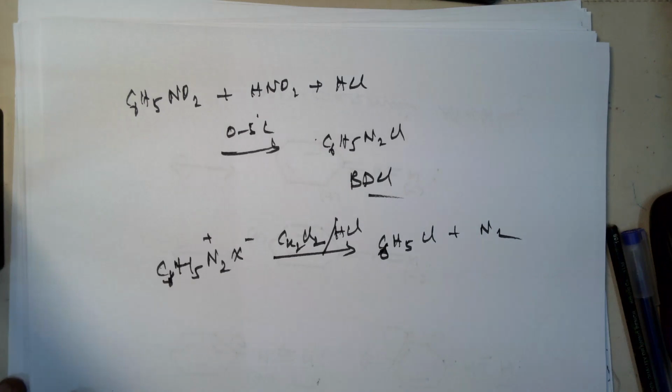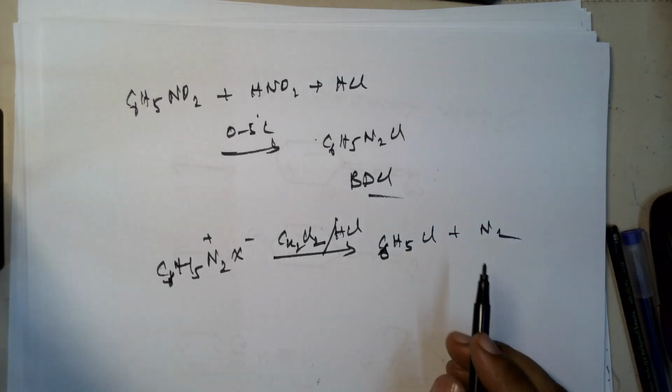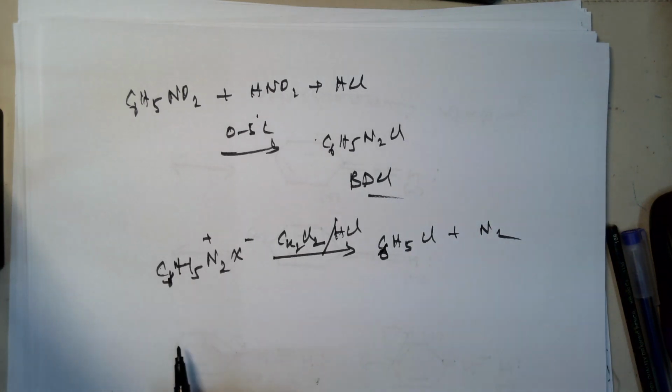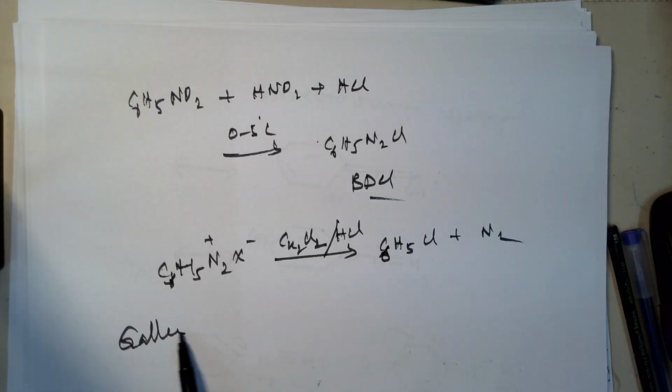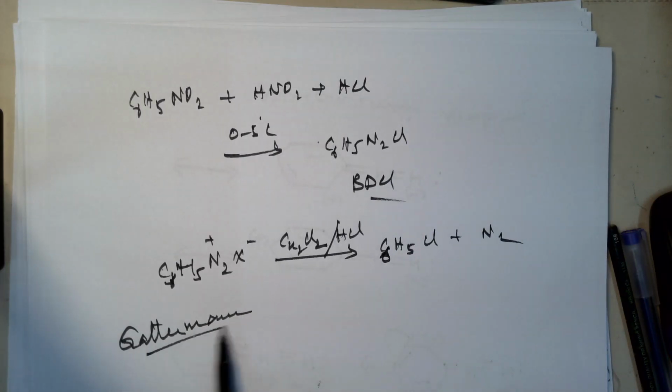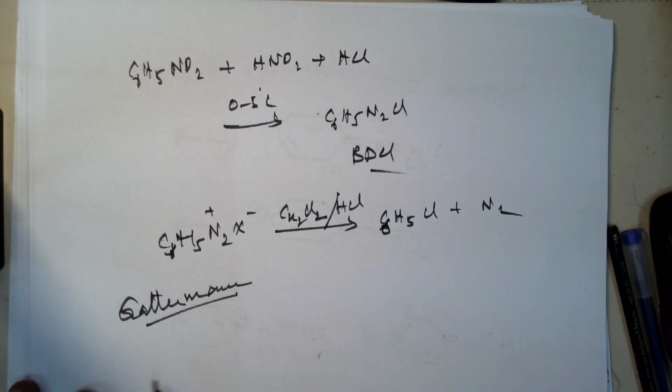That is chlorobenzene. And similarly, you are able to get the Gattermann reaction also. These are all very popular reactions with the aryl group, Ar meaning C6H5.